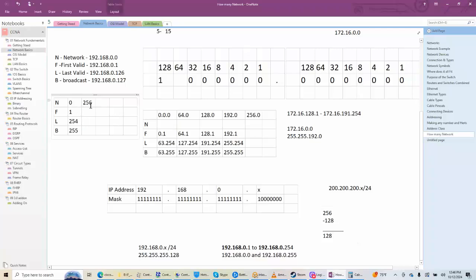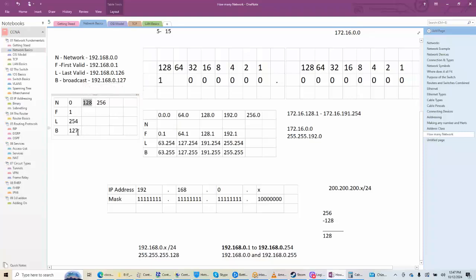0, 128, and then 256, because I'm going to add 128 to it. Then I'm going to fill in each one of these numbers for each network. I'm going to minus 1 from the number that is my next network number.